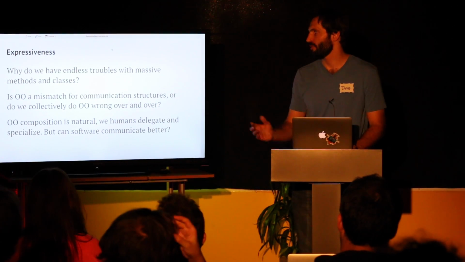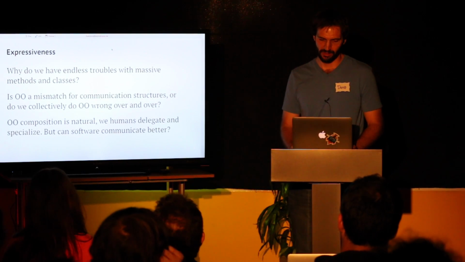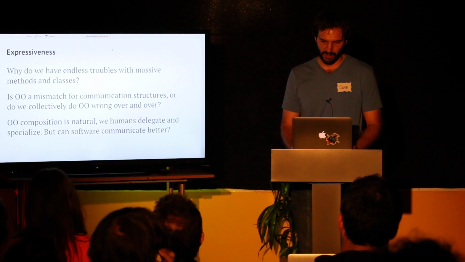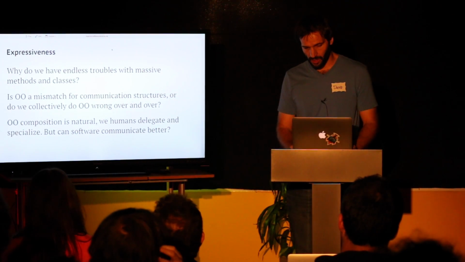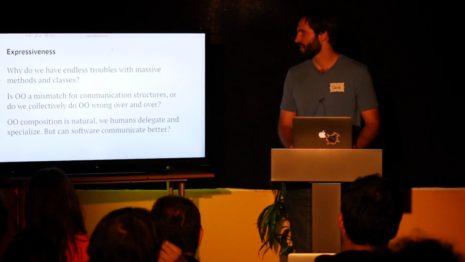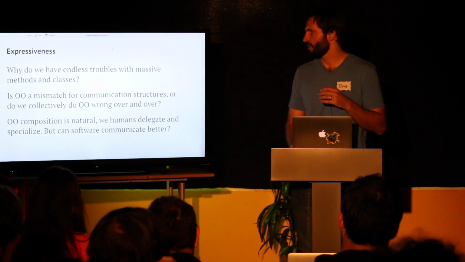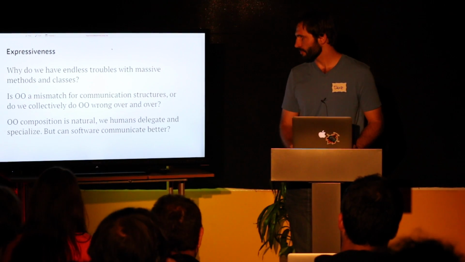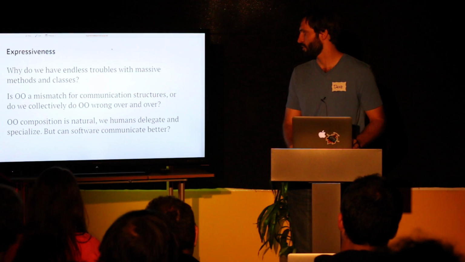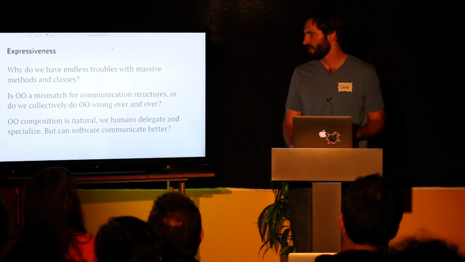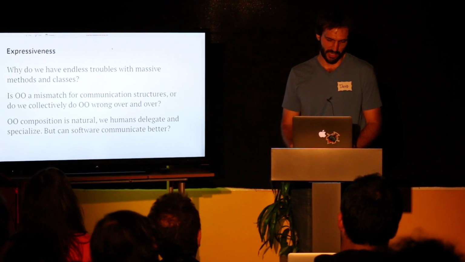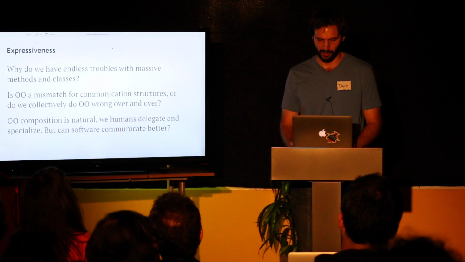Because everybody knows the big classes, big methods, we've all seen it. So is it that we're doing OO wrong, or is OO a mismatch for the communication structures? I think some of the stuff we do, like delegation and specializing, we do as humans, and that's fine, but is that fine for software?